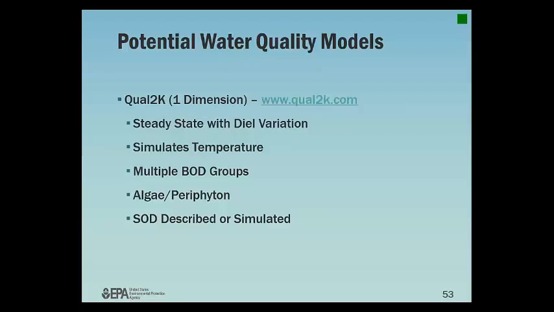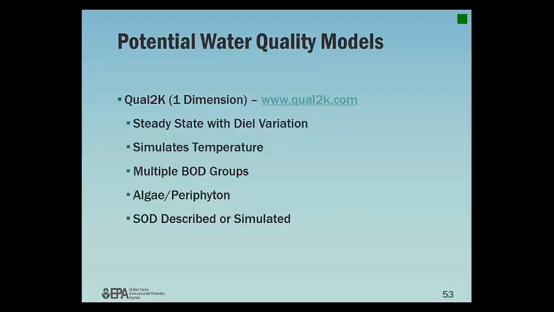The next potential water quality model is Qual2K, and it's probably the most widely used steady-state water quality model used in the United States and throughout the world. It does steady-state calculation. It does allow a diel variation. It simulates temperature and the diel changes in water temperature. It has the ability to do multiple BOD groups.